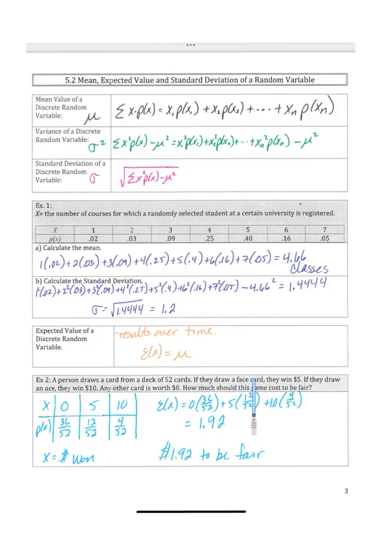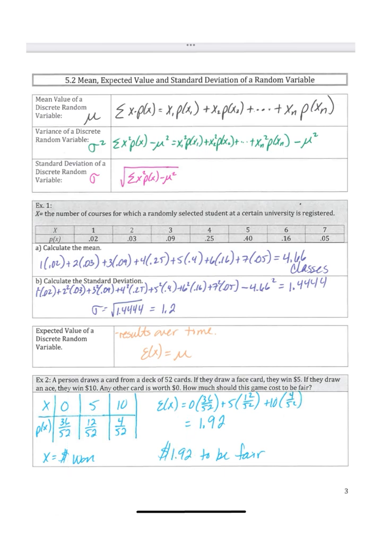A face card gave you $5. Well, there's 12 face cards in a deck, so the probability of winning $5 is 12 out of 52. And there are 36 other cards in the deck, so the probability of winning no money is 36 out of 52.